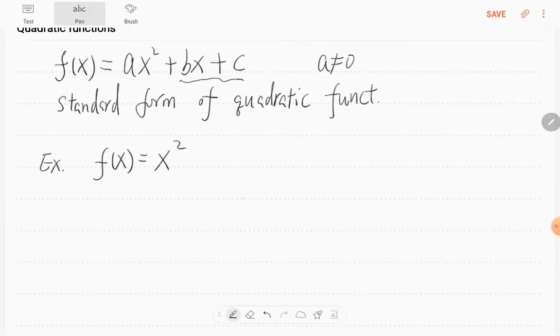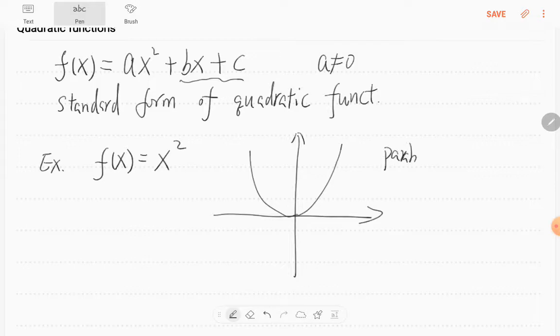We know the graph of the square function looks like a parabola, right? The lowest point is the origin. This is the square function. It is a special form of the quadratic function where a equals 1, b equals 0, and c equals 0, right?